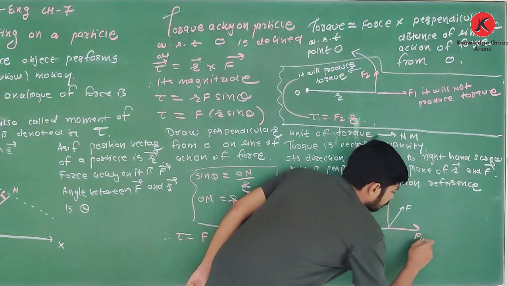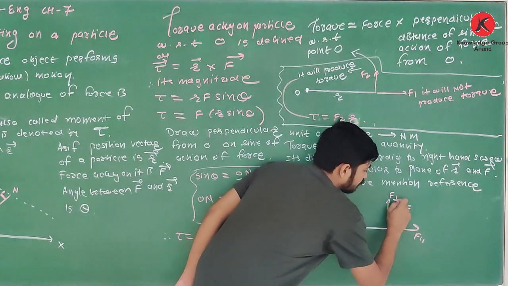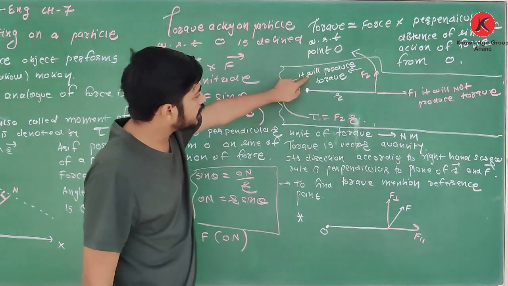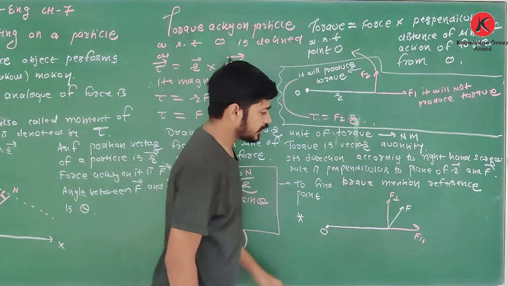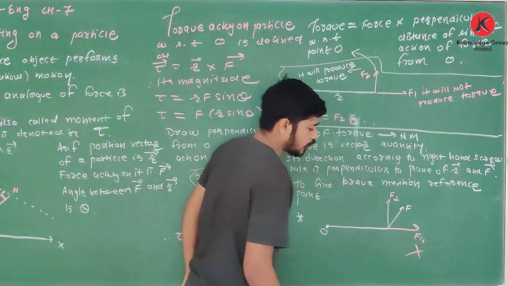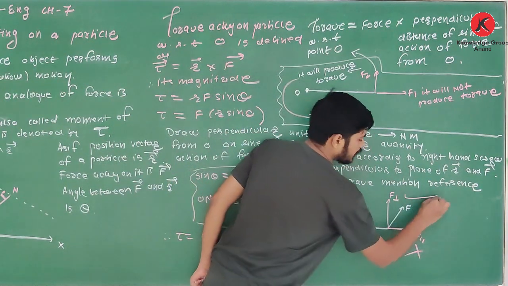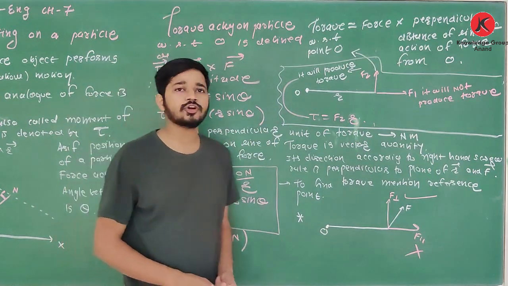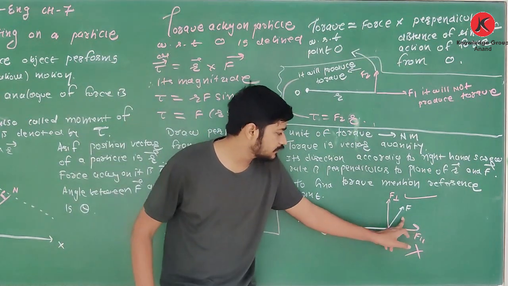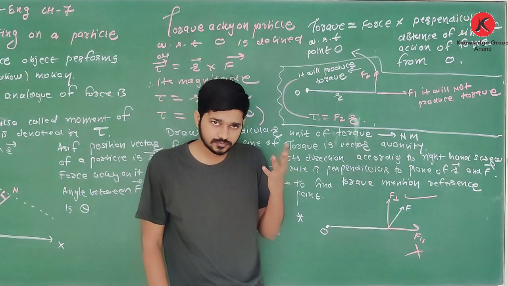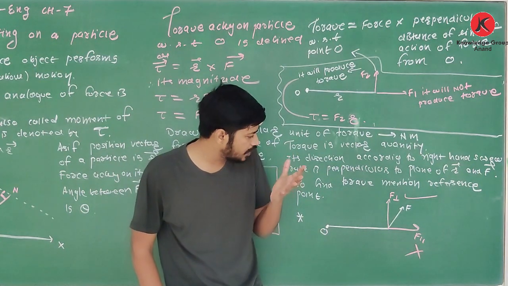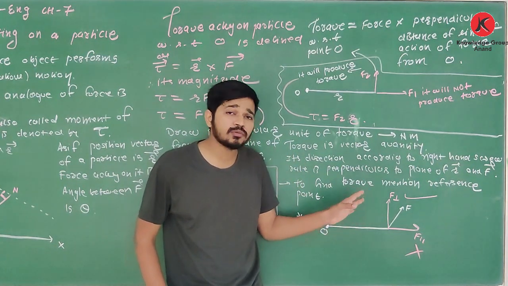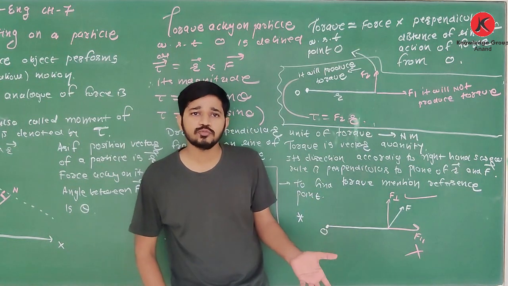It is F parallel and F perpendicular. So again, see, this F parallel will not produce any torque. This F perpendicular will produce torque. So whenever you are given forces like this, you have to think, due to which component it will perform rotational motion.